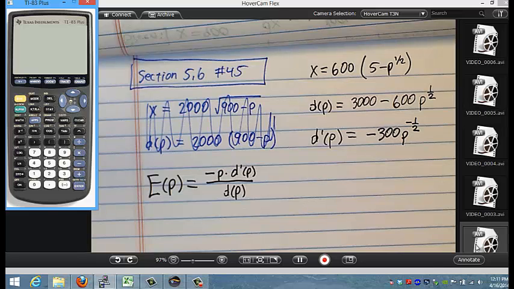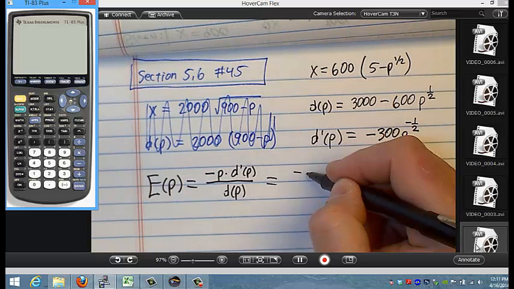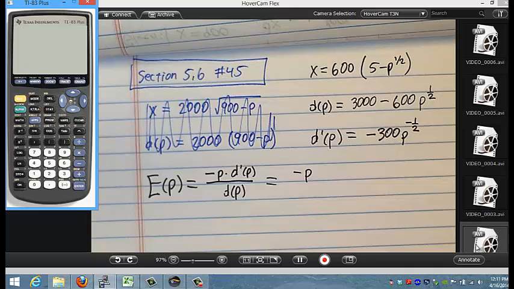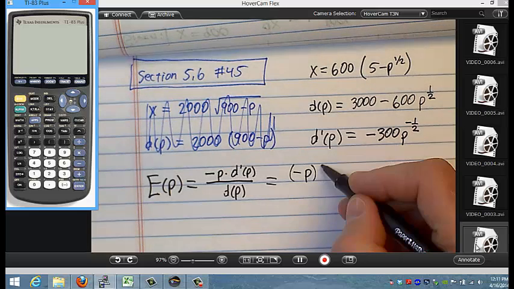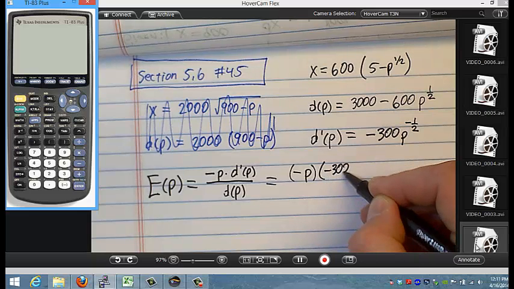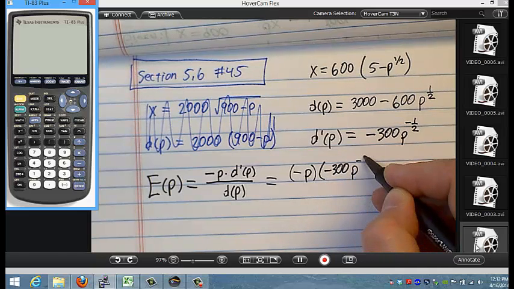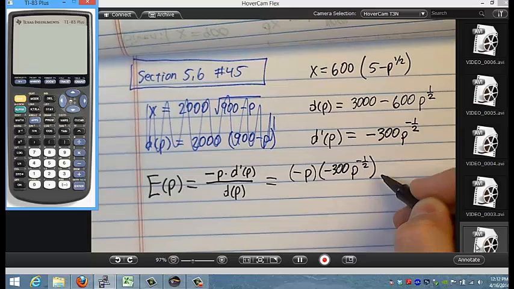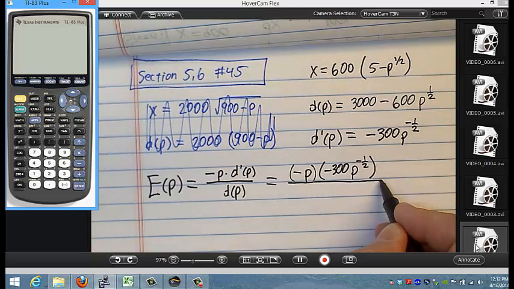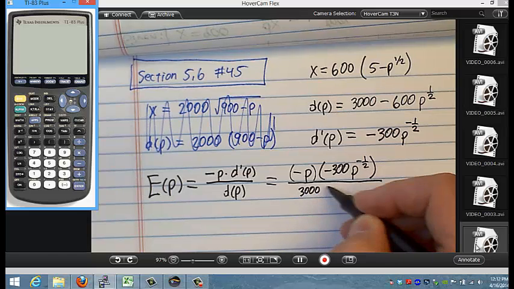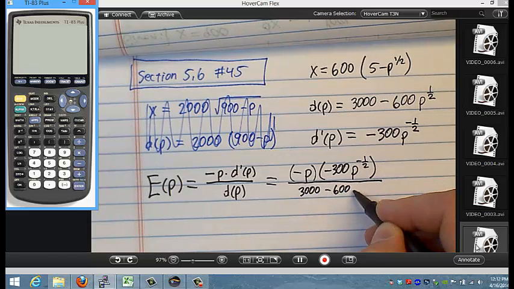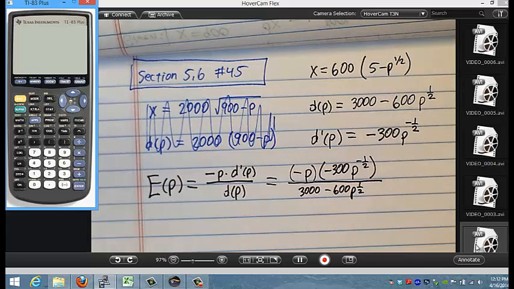So I get negative p times d prime of p, so I'll put this negative 300 p to the negative 1/2 all over d of p. So this big ugly denominator is 3,000 minus 600 p to the 1/2. Okay, so there's some algebra to work on here.